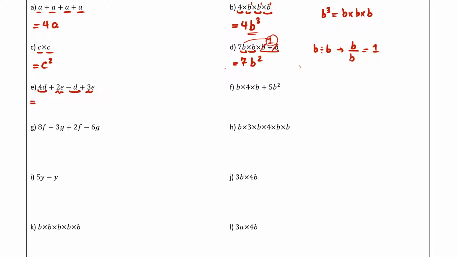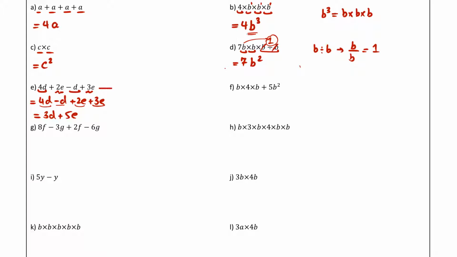So my first step would be to write this as 4d minus d plus 2e plus 3e, and that's collecting the like terms together, and 4 apples minus 1 apple is 3 apples, and 2 oranges plus 3 oranges is a total of 5 oranges in total.